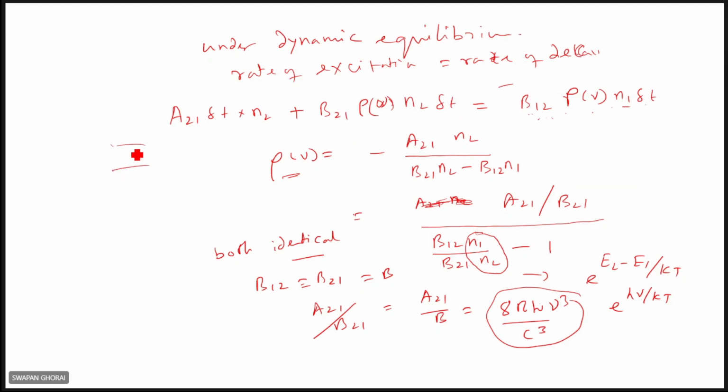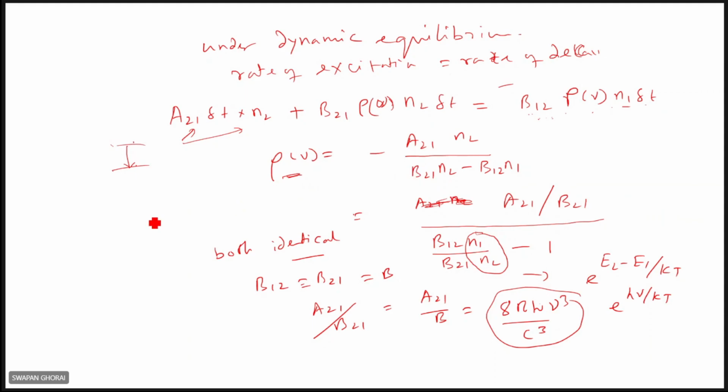Just now I mentioned, whenever there is a transition from an upper energy state to a lower energy state, there can be spontaneous transitions or stimulated transitions, right? So the rate of excitation equals the rate of de-excitation. Now, if you simplify it, you'll get rho nu equal to this.